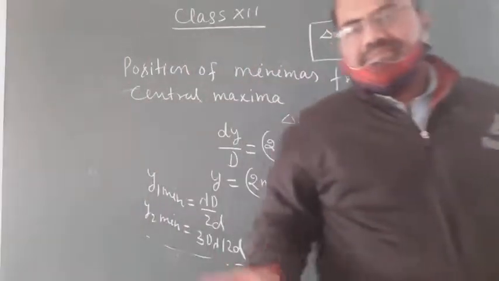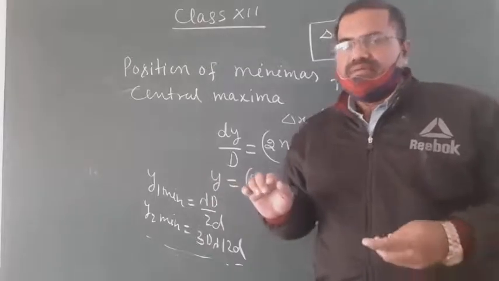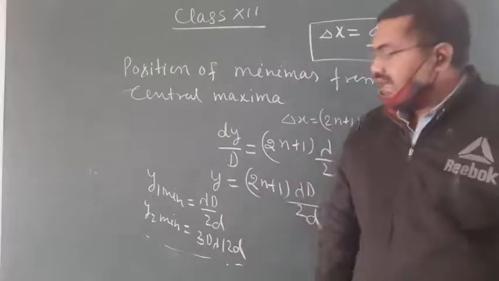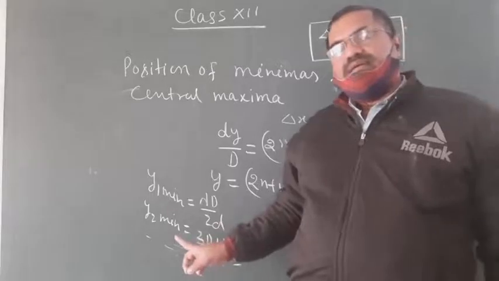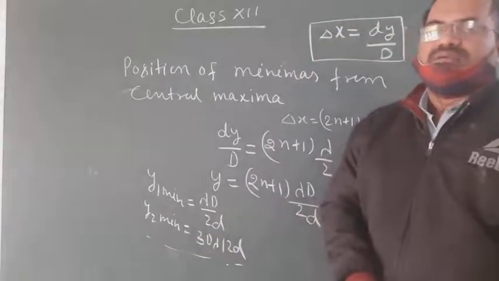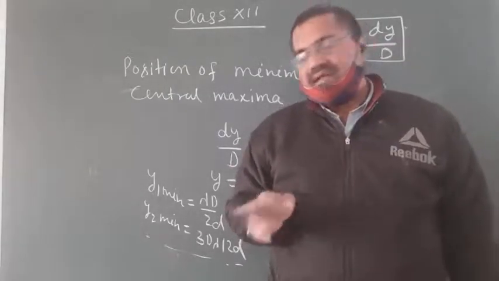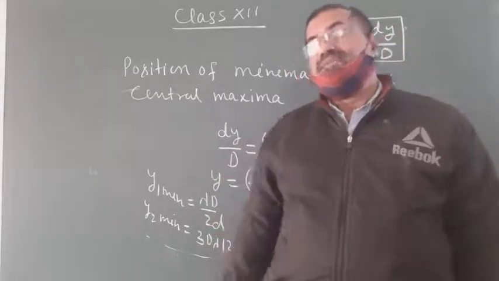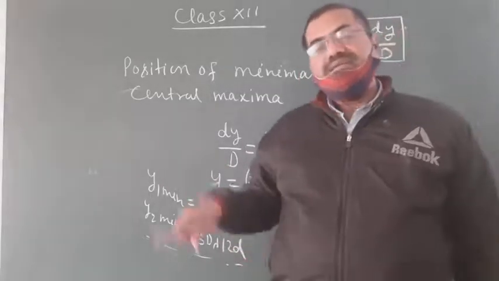You see here, first secondary maxima comes at distance D lambda by d from central maxima, and the position of first minima is D lambda by 2d. It means minima will come halfway to the first secondary maxima. So at center, maxima will be obtained, then first minima, then first secondary maxima, then second minima, then second secondary maxima.